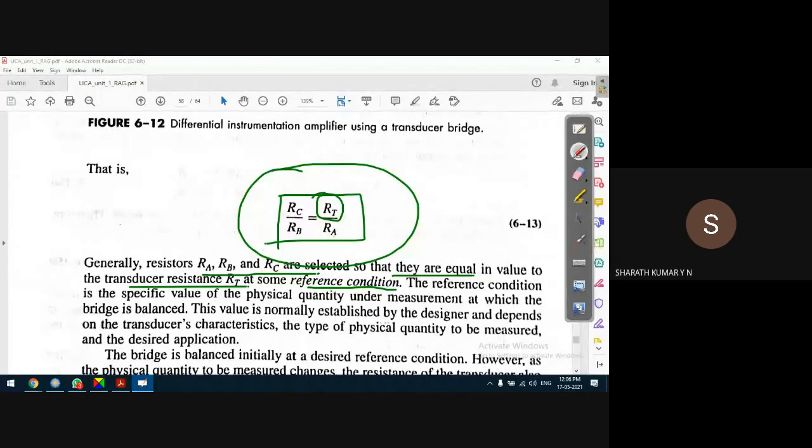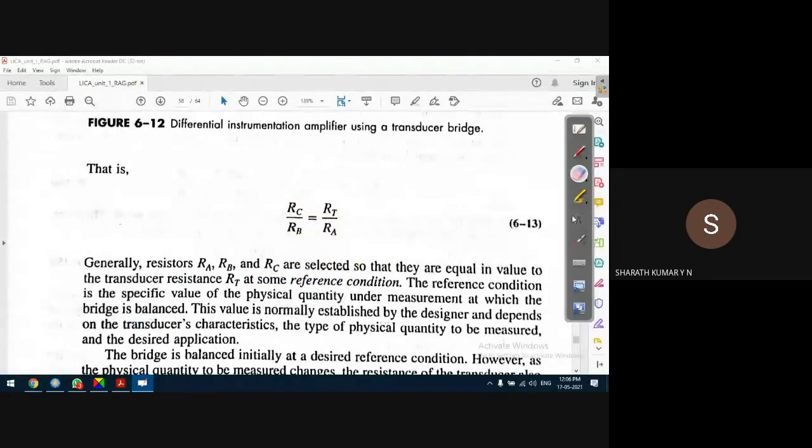RT is the basic resistance of the transducer under no pressure or no force condition. The reference condition is the specific value of the physical quantity under measurement at which the bridge is balanced, normally established by the designer.